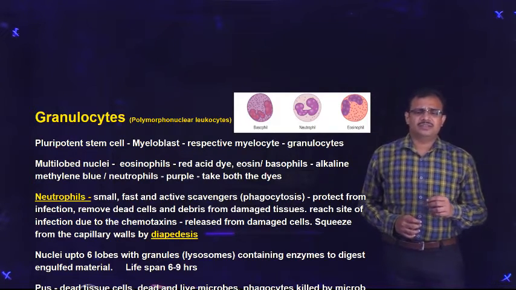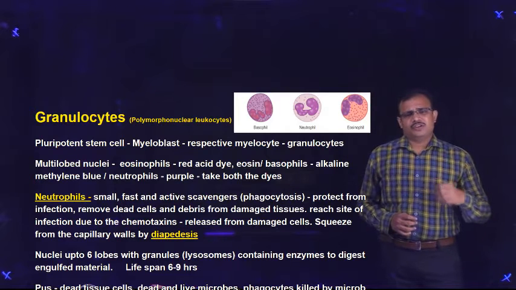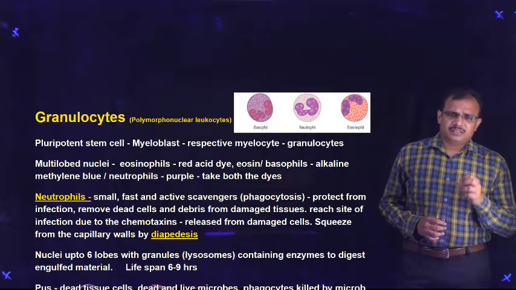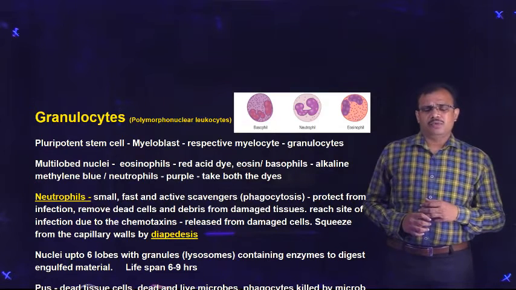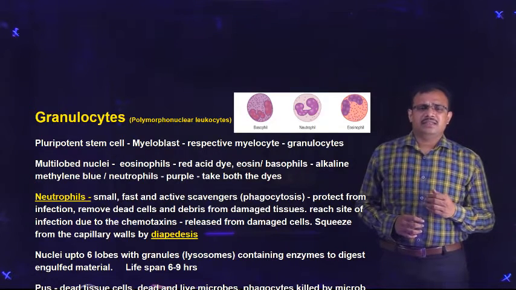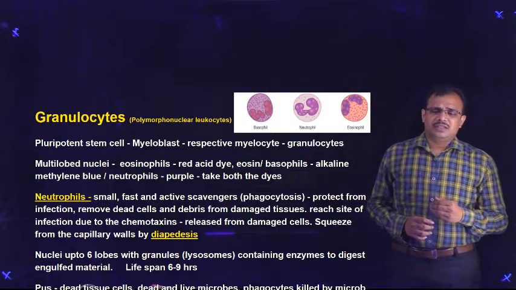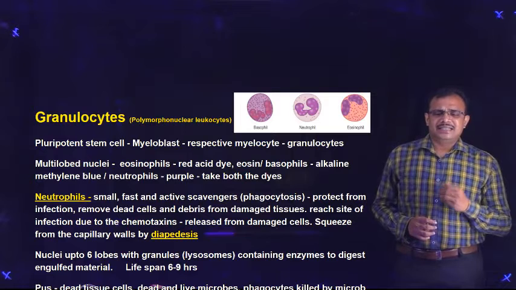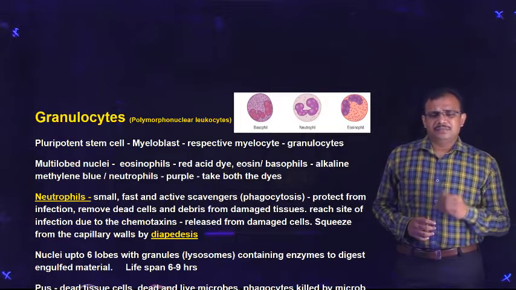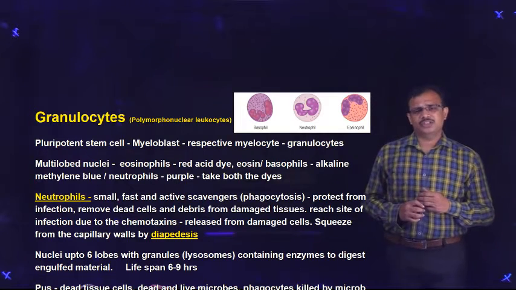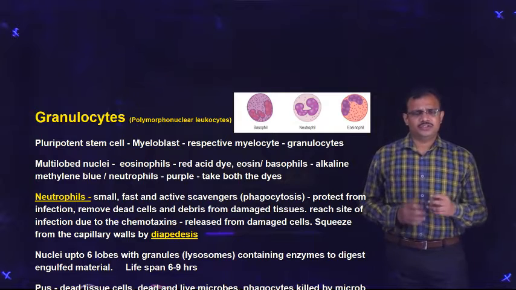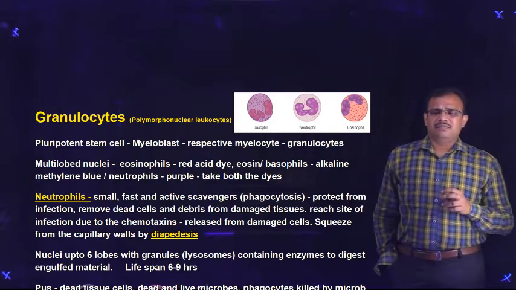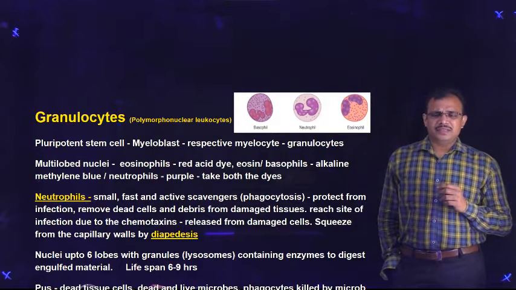By phagocytosis, they scavenge these foreign infectious substances, and hence they protect the body from infection. They are also involved in removing dead cells and the debris from damaged tissues.